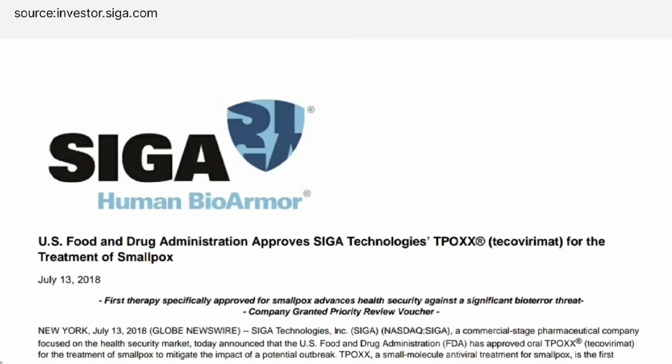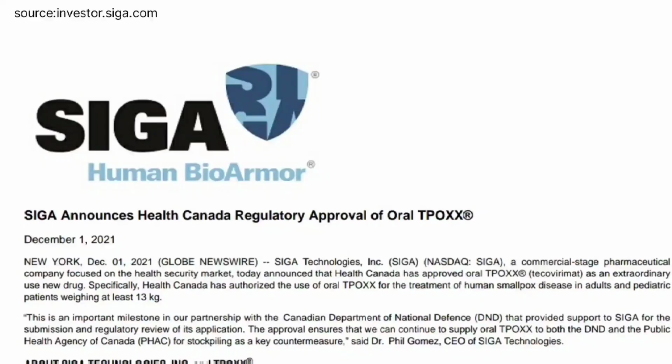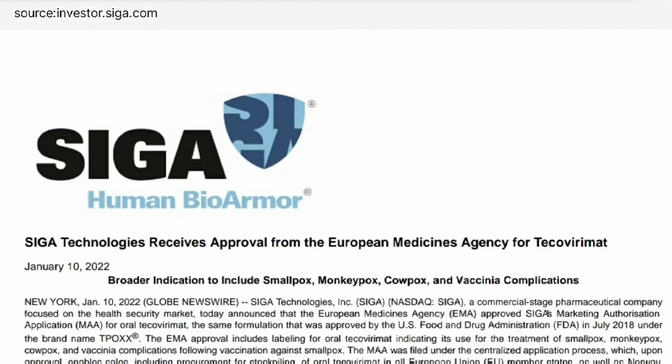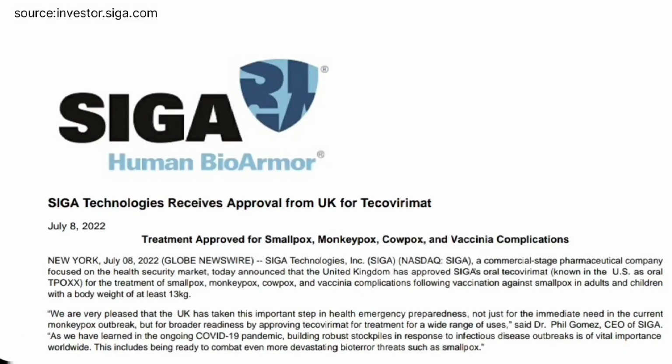In 2018, this drug became the first FDA-approved drug to treat smallpox. In 2021, Canada also approved the drug, and in January 2022, the drug was approved in Europe. This month, in July 2022, the UK also approved the use of this drug.